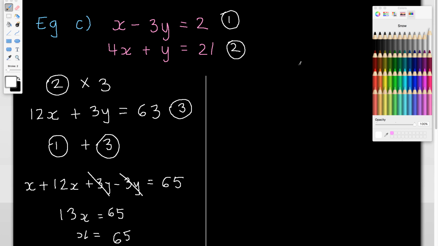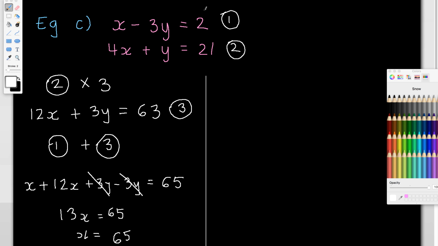Now I just wanted to mention that there was another way that I could have done this, a very similar way. I could have taken equation 1 and multiplied that by 4, because then I would have 4x here and 4x there, and then I could subtract one from the other. So I'll quickly show you that method.